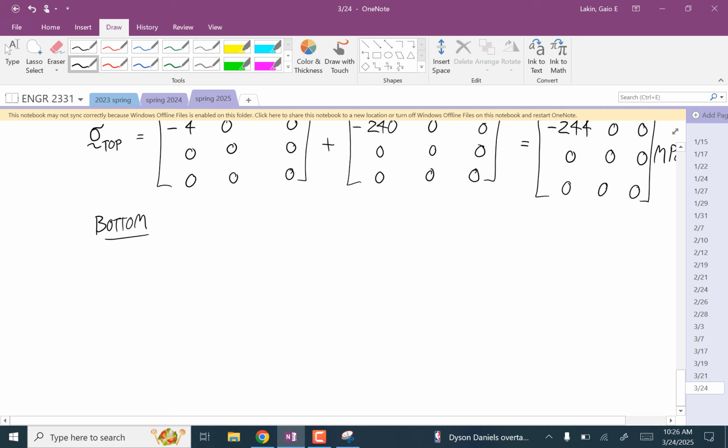So at the bottom of the cross section, we know that our stress tensor due to tension compression is -4.